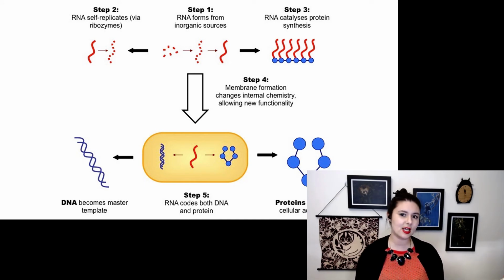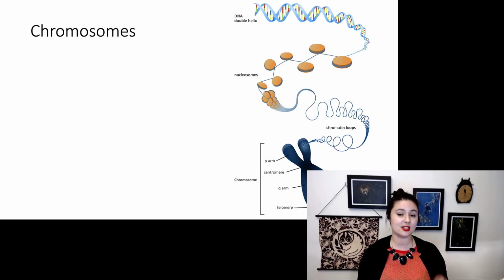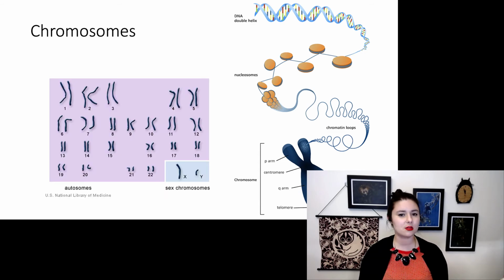Eventually, DNA became the template because it is more stable and a little bit more reliable as a storage medium. But let's talk about how we use it. In our chromosomes, DNA is a very small strand which we wrap around histones to form nucleosomes, and then that coils into chromatin loops, and those chromatin loops curl up into a chromosome. So our chromosomes here are super compacted DNA.